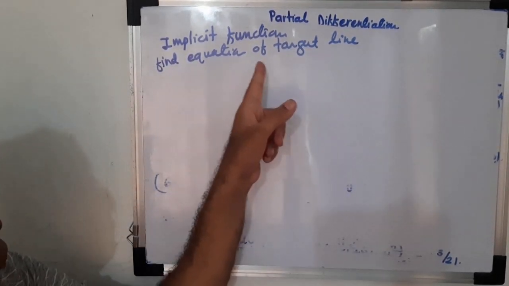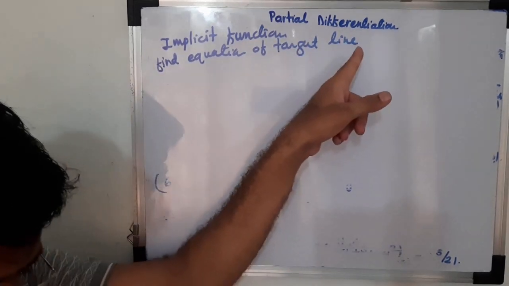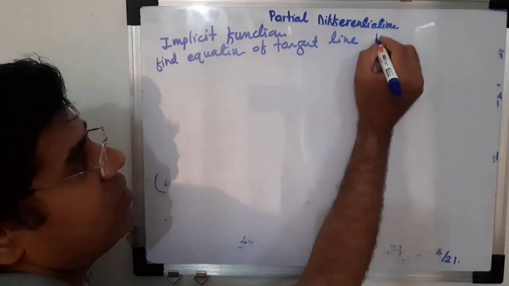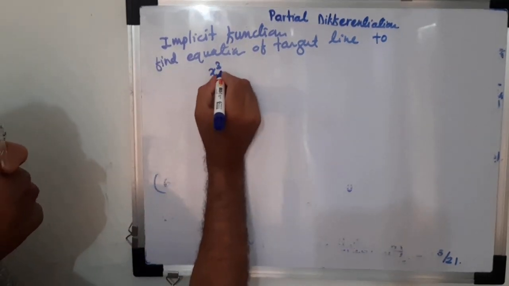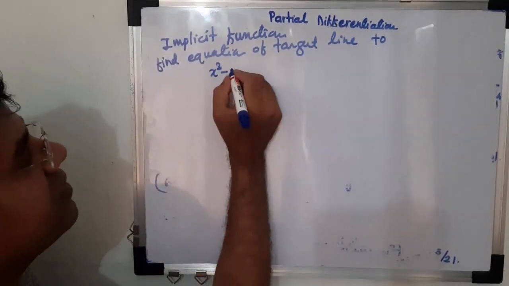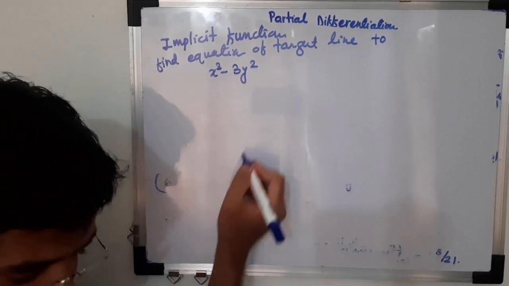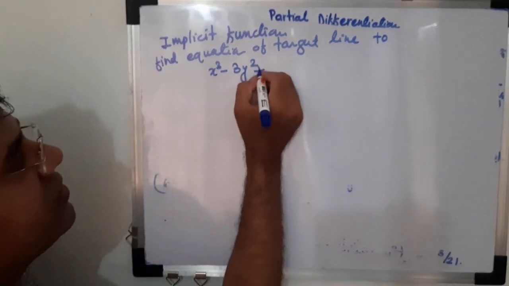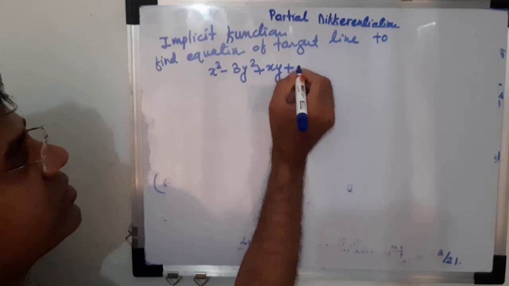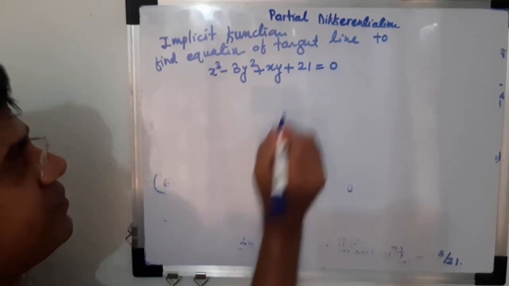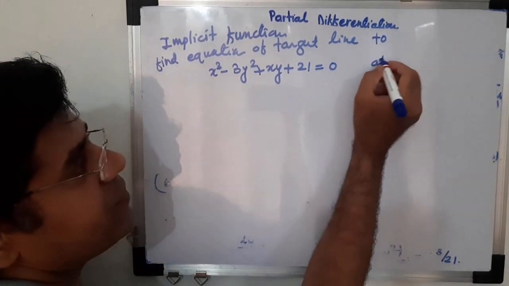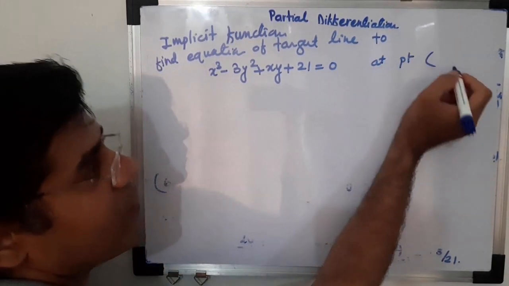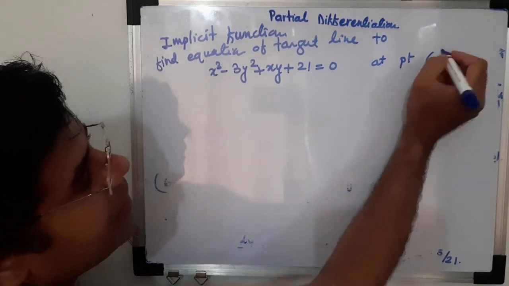Now here, the equation of a tangent line to this curve x cube minus 3y square plus xy plus 21 equal to 0, at the point 1 and 2.